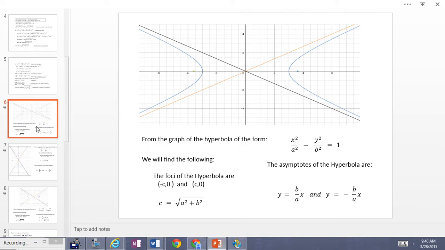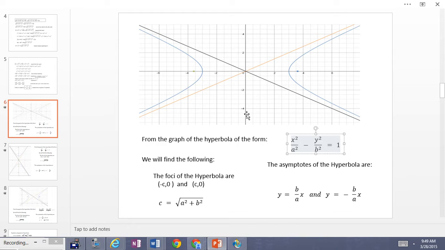The best way, I suggest, is knowing that the set opening left and right, symmetric to the x-axis, has x-intercepts and no y-intercepts. If you go to the opening equation and try to find y-intercepts by setting x equal to 0, you're going to be trying to find the square root of a negative for y.